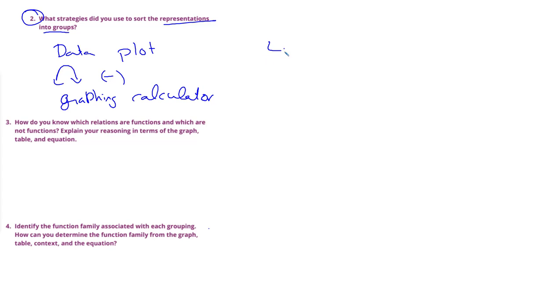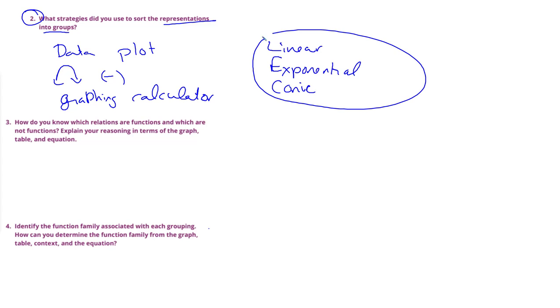Did you identify that you had a linear and an exponential and pull those out? Oh, and a conic? And take these three out of the running so you didn't have to worry about those. Those are all different things you could have done.